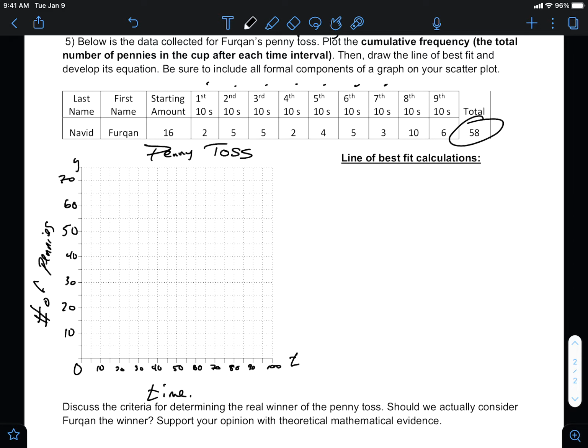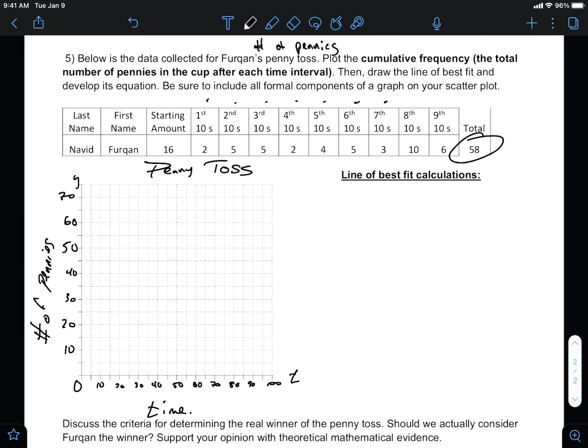Now I went and plotted the data. The starting amount was 16, so at 0 time I would have started at 16. Cumulative frequency means add the number of pennies every time. So we went from 16 to 18. At 10 seconds we would have had 18 pennies in the cup, and then 18 and 5 make 23. At 30, that's 38.